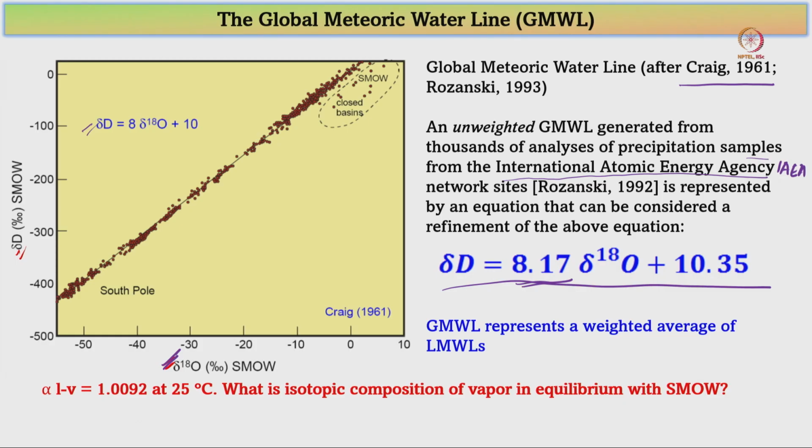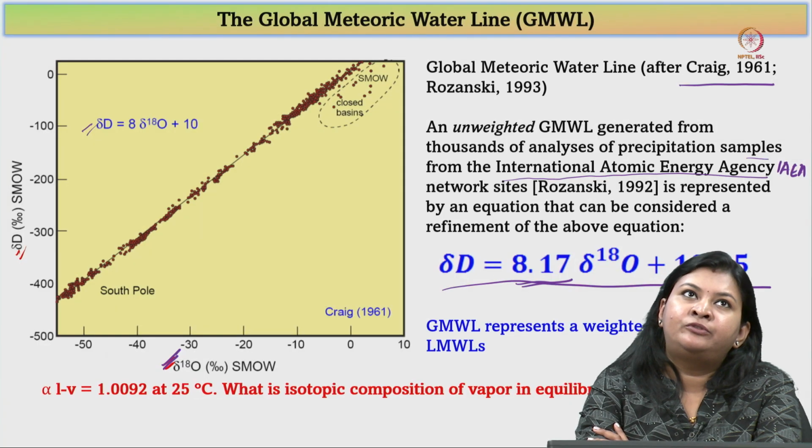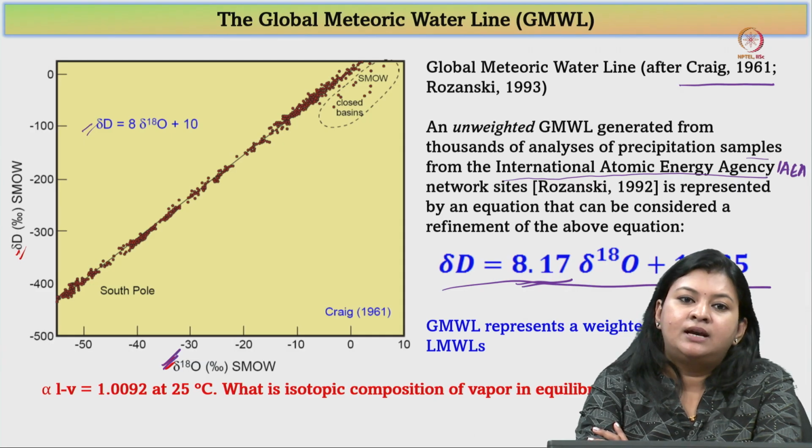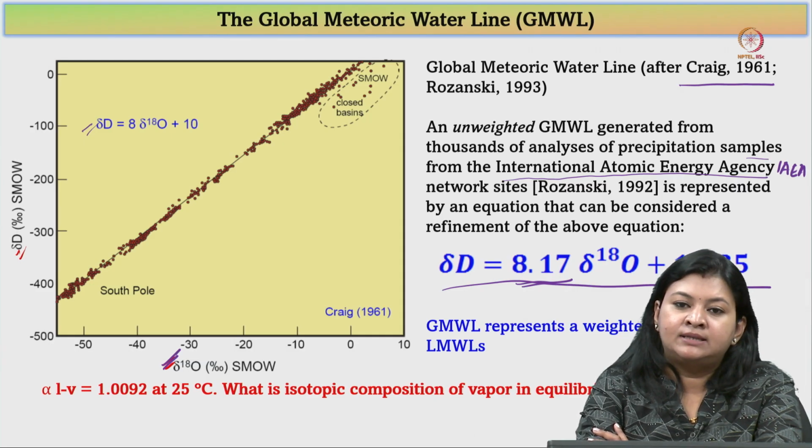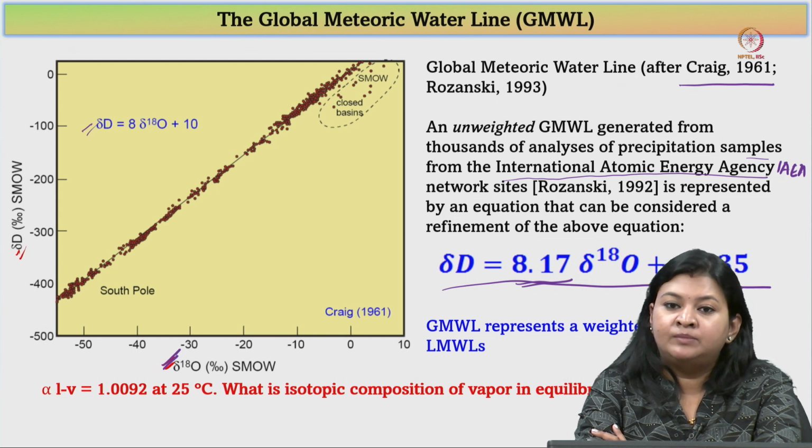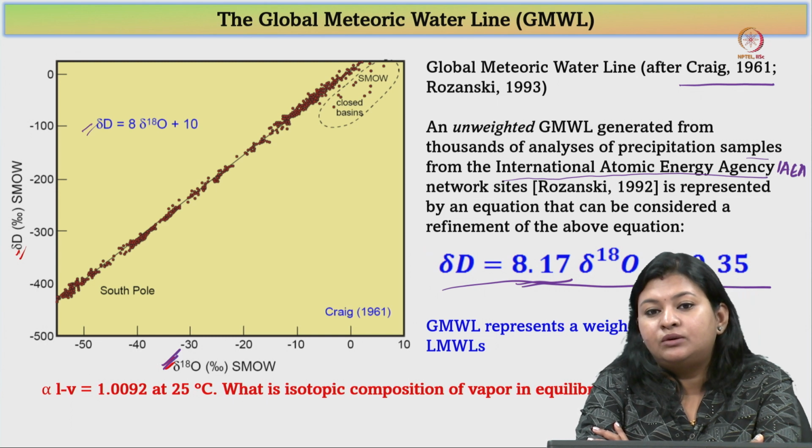When we try to understand why we have this kind of collinearity, there is an explanation related to vapor pressures, and how the vapor pressures fractionate these isotopes, that is deuterium and protium, oxygen-18 and oxygen-16, during cloud formation and rainfall events.